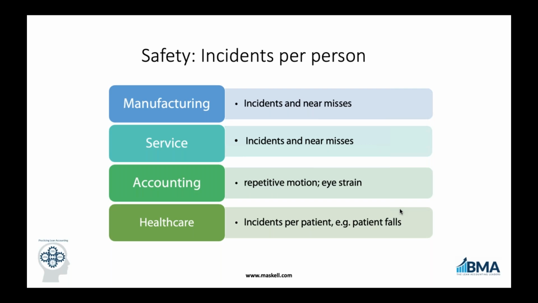Right, good. Safety, and we can look at things like incidents per person. So let's think about safety. I would not suggest that safety is not being measured even in traditional measurement systems in any of these types of industries, whether it's looking at incidents and near misses, reportable harm, incidents per patients in healthcare, like patient falls, repetitive motion, eye strain in services like accounting.